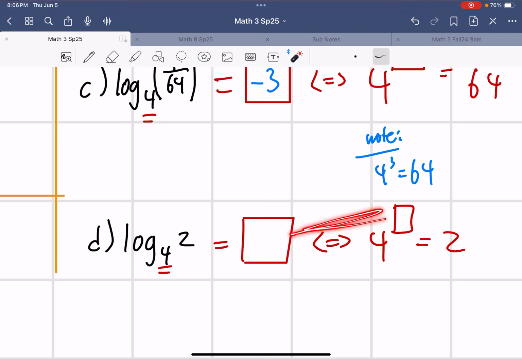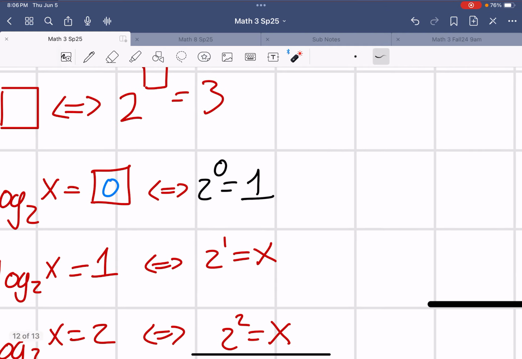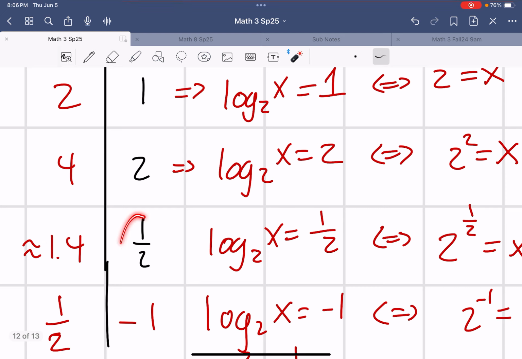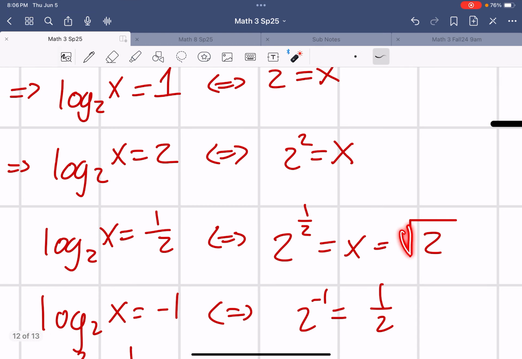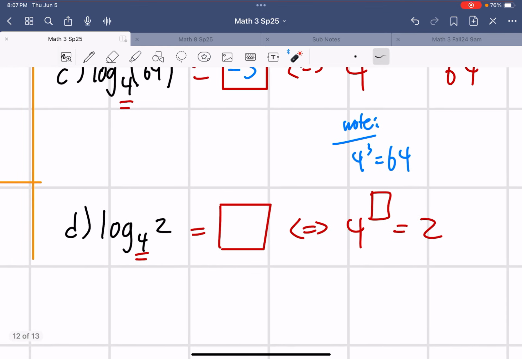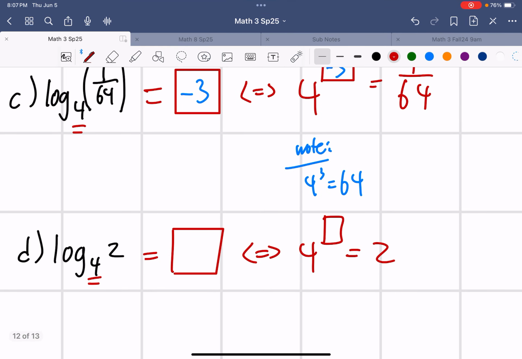You really have to recall the fact that an exponential fraction can be rewritten into a radical. That denominator is the index and that numerator is the power. So I can actually use 1/2.